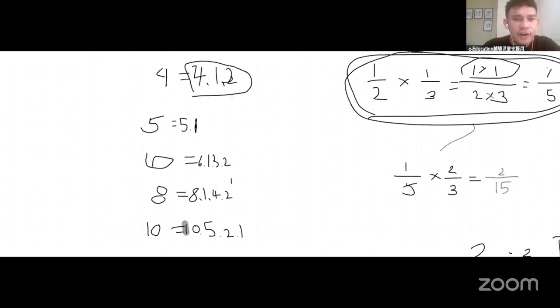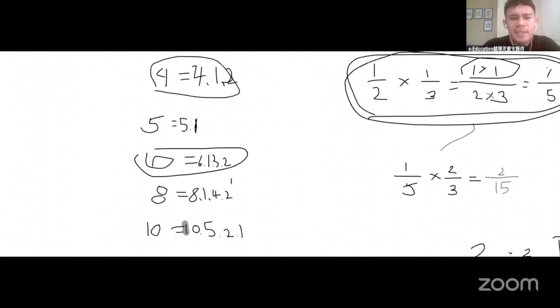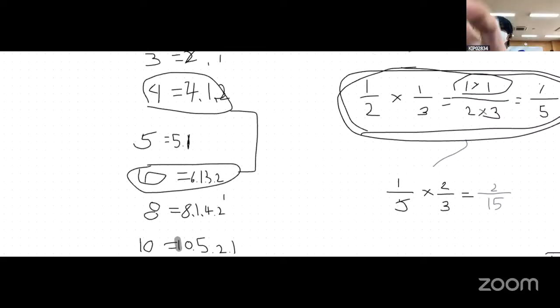Between 4 and 6, what numbers do you think are the same in here? What numbers do they have in common? One, 1.